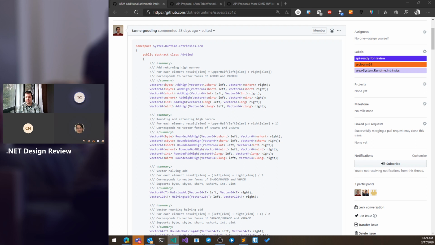Actually, that might be because in the other places we've used add high, we've done op high and op low to indicate whether it's working on the upper or lower half. So that might be an oversight on my part, due to needing to use high as the name for the result.